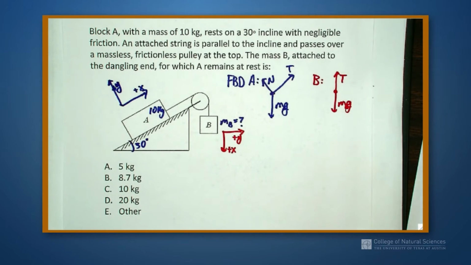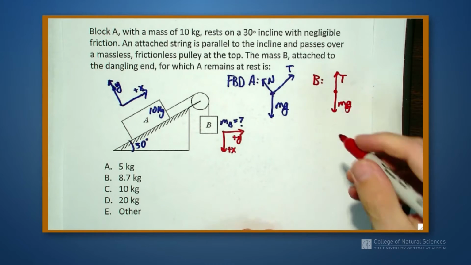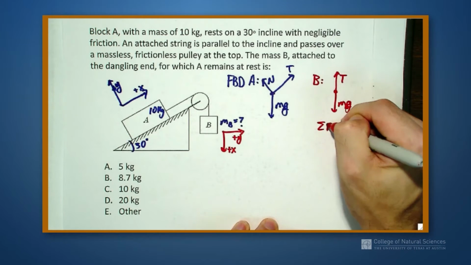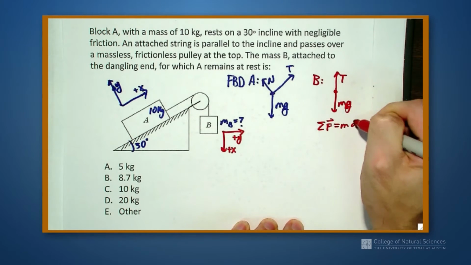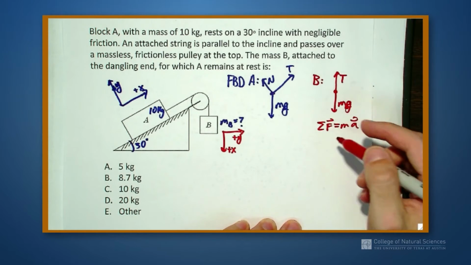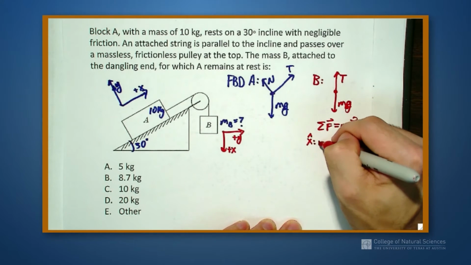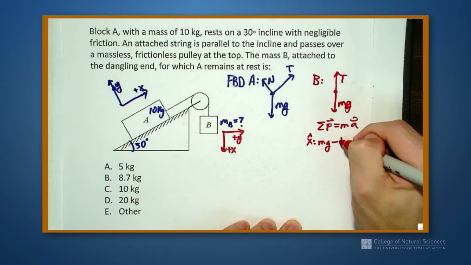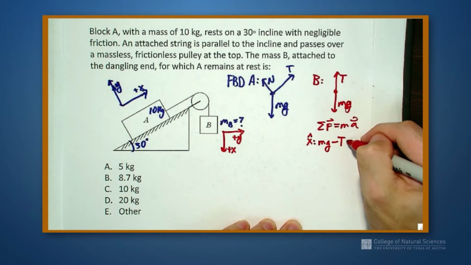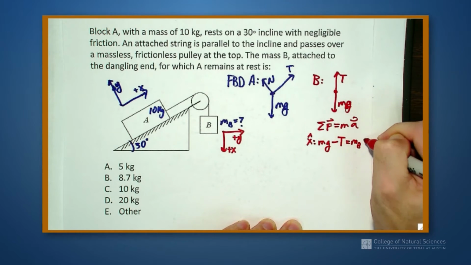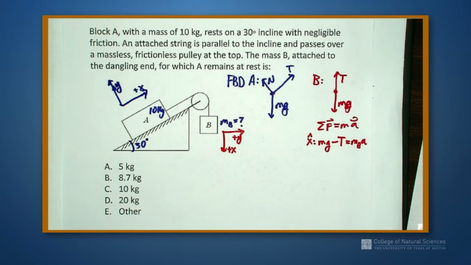Okay, so free body diagrams. Let's do B first. That's going to be an easy case. I'm going to look at my net force is going to give rise to my acceleration. In the x direction, I get mg pulling down, a tension force pulling up, and mB times my acceleration a.